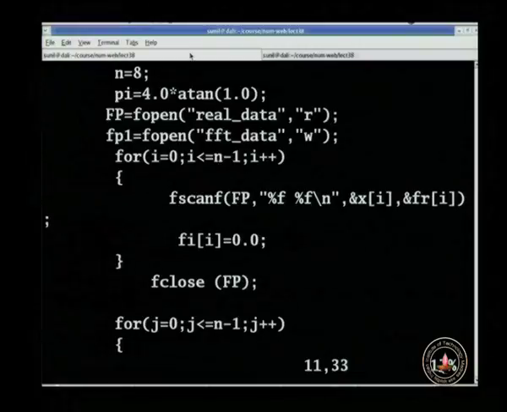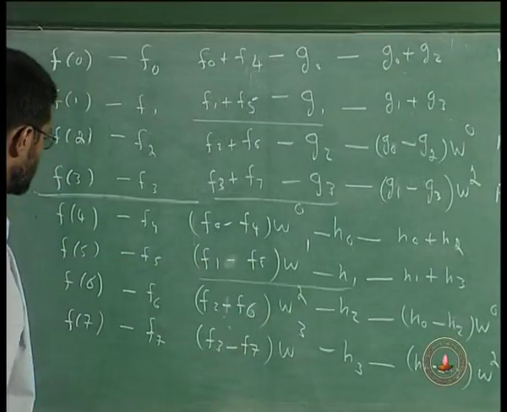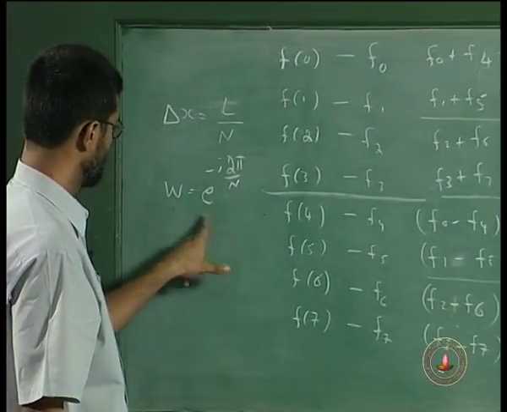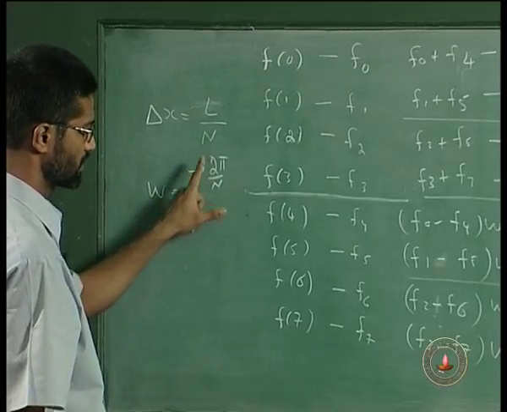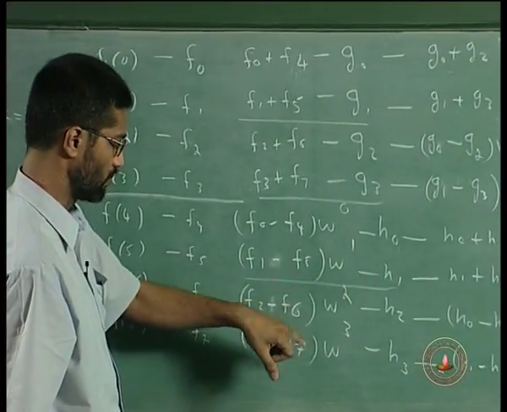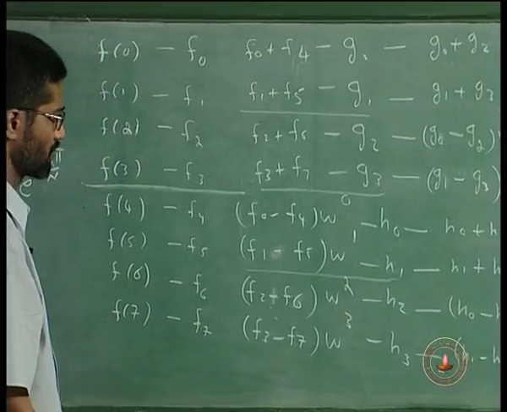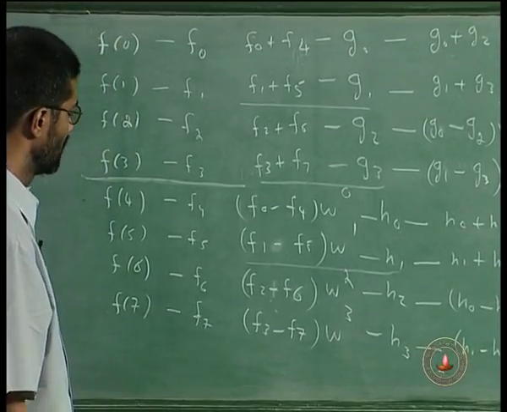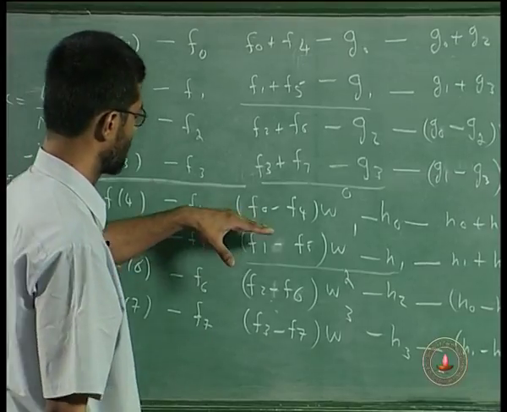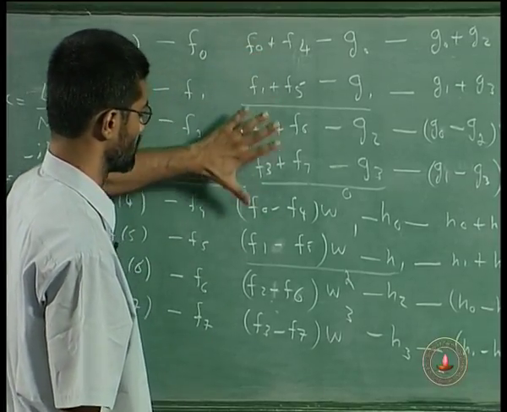Now one more problem with this is again that these w's which I have written, remember, they are complex numbers. So when I say w to the power 1, 2, etc., these are complex numbers. Since languages like C do not handle complex numbers, we have to handle the real and imaginary parts of each of them separately.